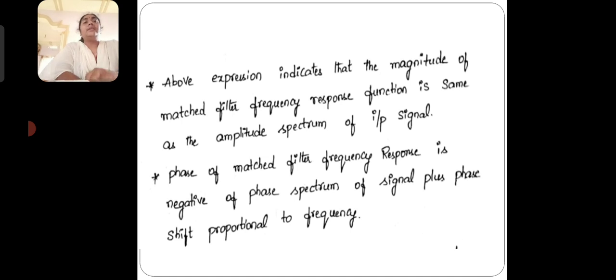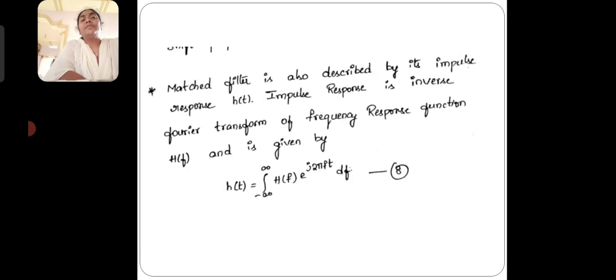The above expression indicates that the magnitude of the matched filter frequency response function is the same as the amplitude spectrum of the input signal. The phase of the matched filter is the negative of the phase spectrum of the signal plus a phase shift proportional to the frequency.